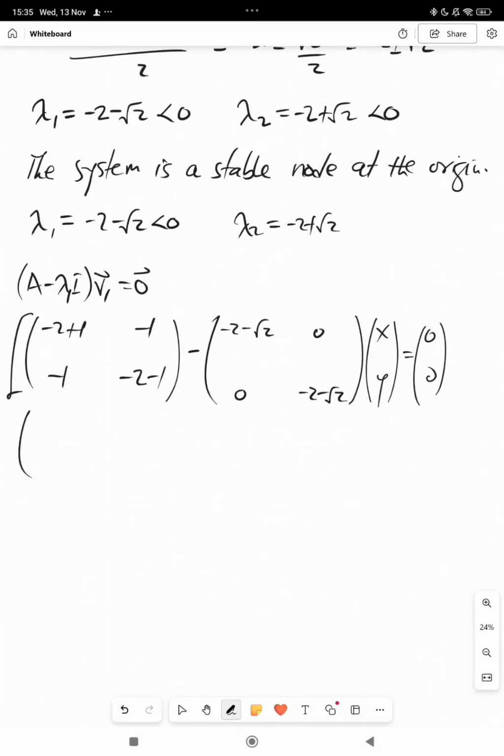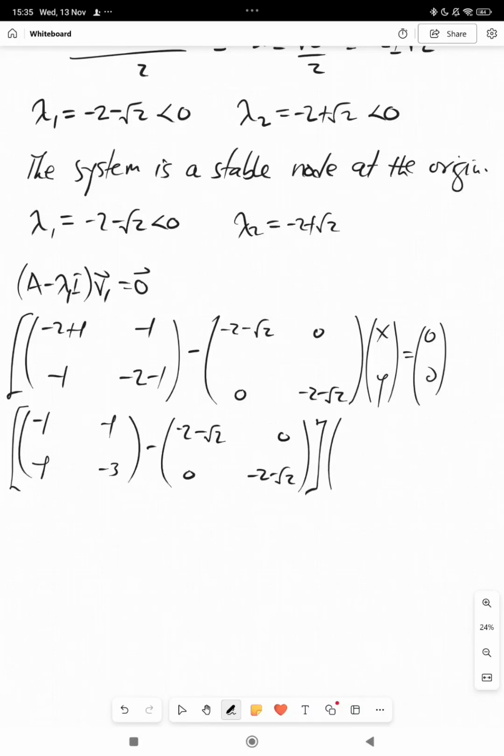So next, we have minus 1, minus 1, minus 1, minus 3, minus minus 2 minus root 2, 0, 0, minus 2 minus root 2, times x and y, giving us 0, 0.